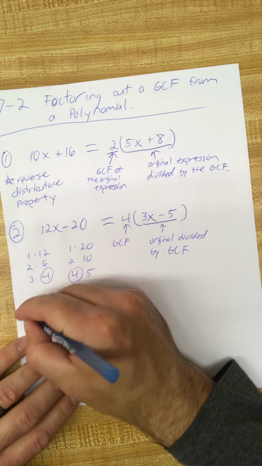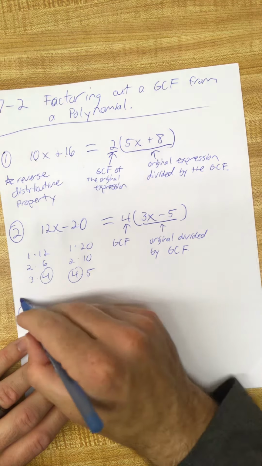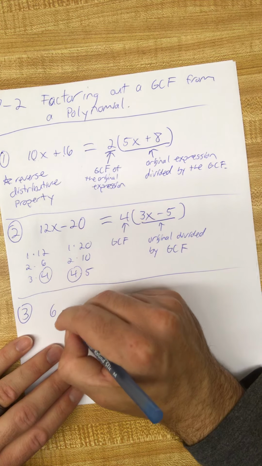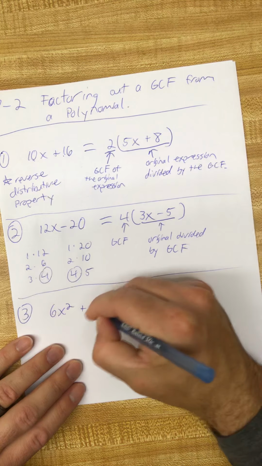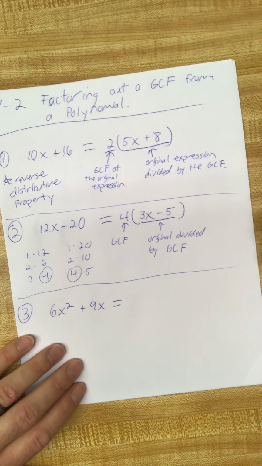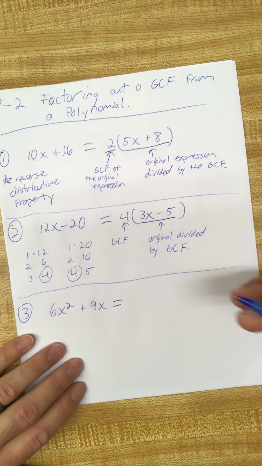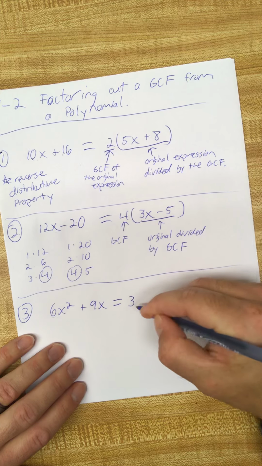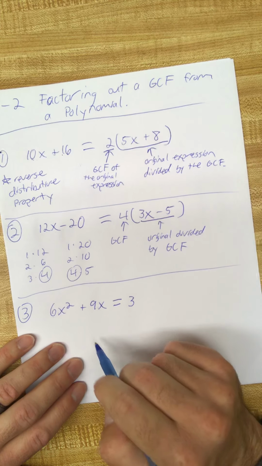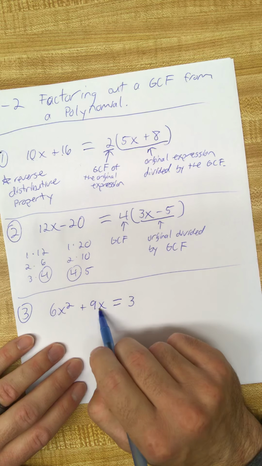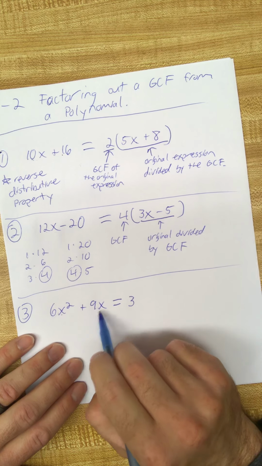So we can start to get into some of these with an x. So if you were given something like 6x squared plus 9x. All right, when you're factoring by GCF, you're going to be thinking, what can I take from these? So with 6 and 9, the GCF is 3. They're both divisible by 3. And I have x squared, so I have 2 x's here, and I have 1 x here. It's like this person has $2, this person has $1.